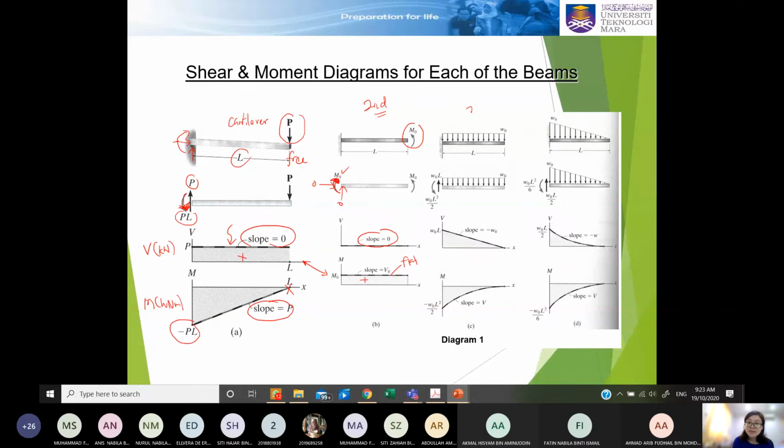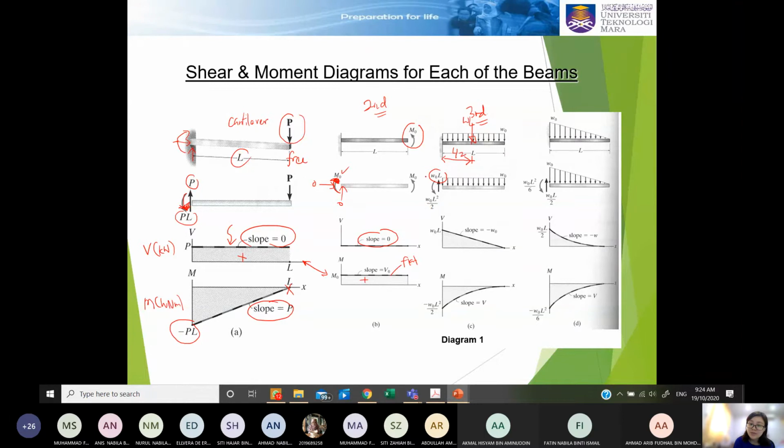Third case. If we have a uniformly distributed loading, UDL, we can determine our reaction, which will be WL. The resultant of this rectangle will be WL, and the distance to the support will be L over 2.